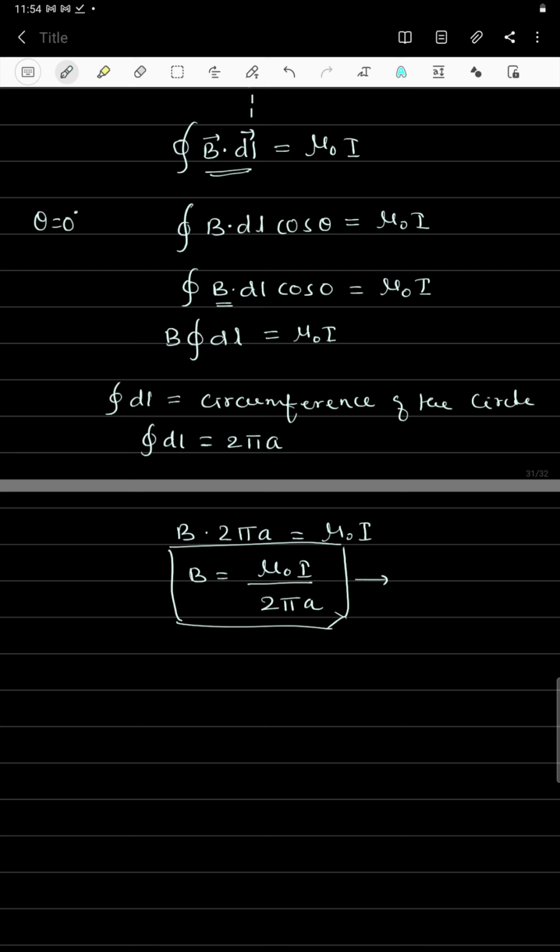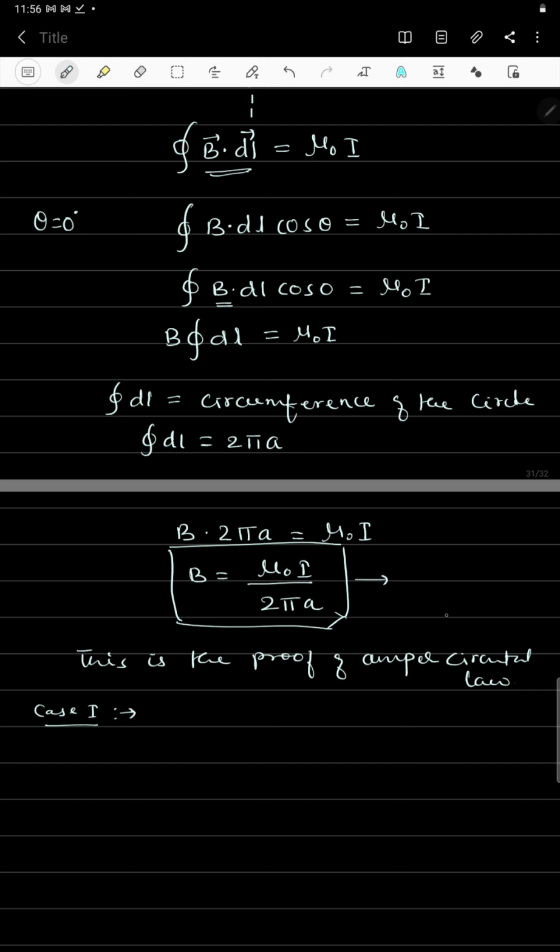So here we'll get two cases. First, this is the proof of Ampere's circuital law.